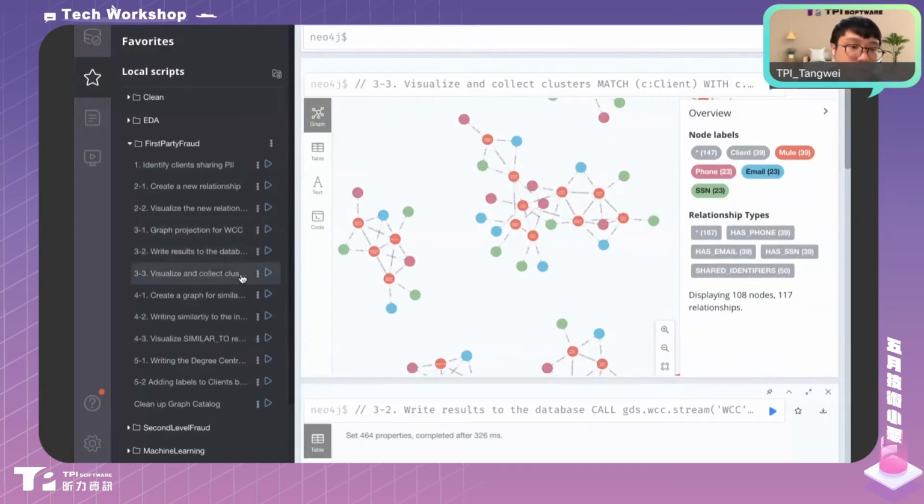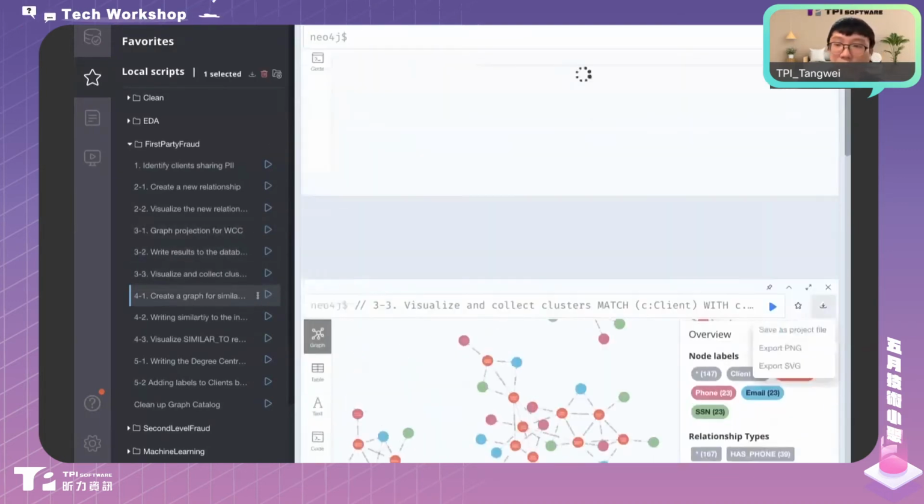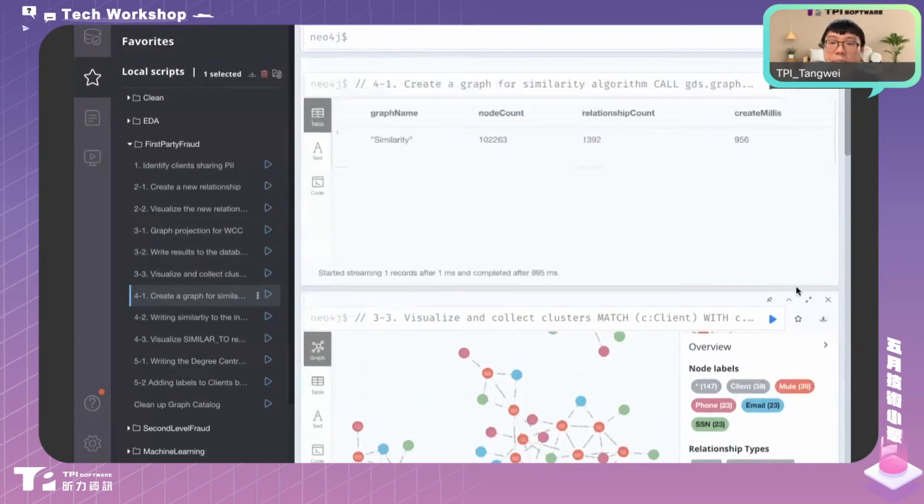Okay, so the next step, we will create a graph for the similarity. So finding similar clients within a cluster is done by running one of the pairwise similarity algorithms in our GDS library. So we use node similarity to find similar nodes based on the relationships to other nodes.